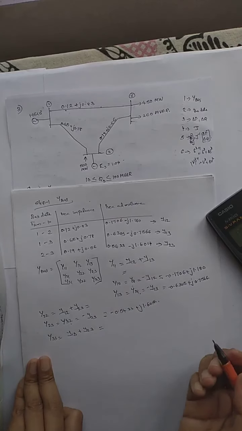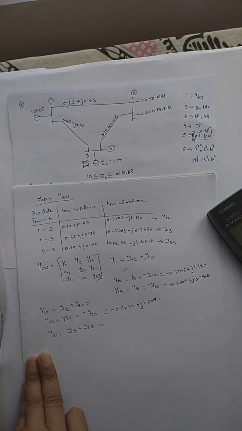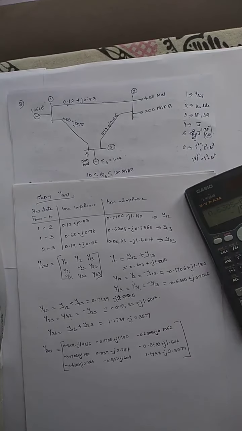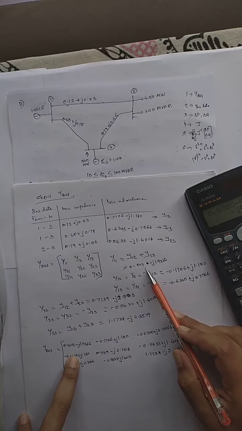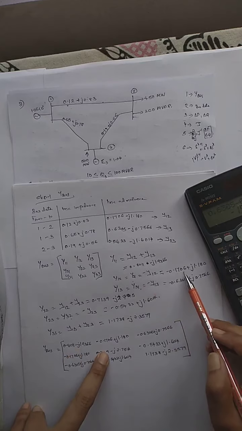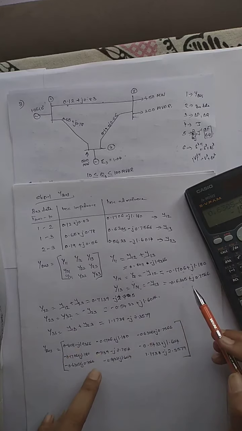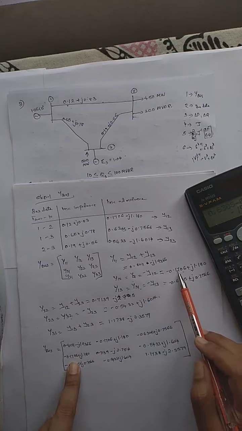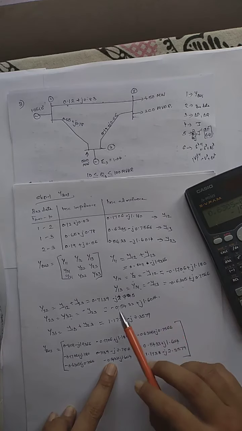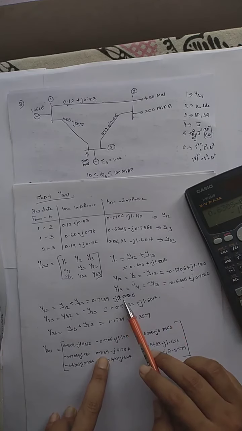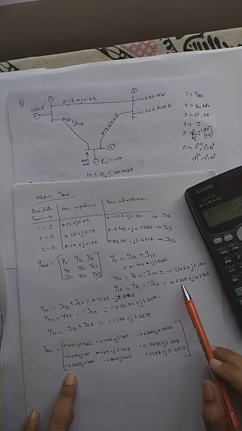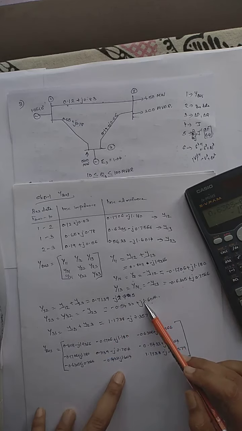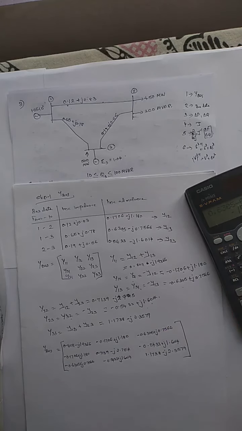I have calculated my Y bus: Y11 is 0.8011, then Y12, Y13, Y21 with the same value, Y22 is 0.7139, then Y23, Y31, Y32 and Y33. So I have completed my Y bus.